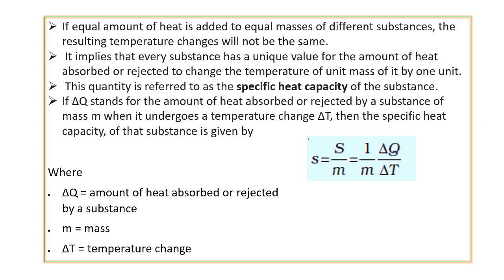And you know the value of capital S is delta Q by delta T, where delta Q is the amount of heat absorbed or rejected, m is the mass, and delta T is the change in temperature.